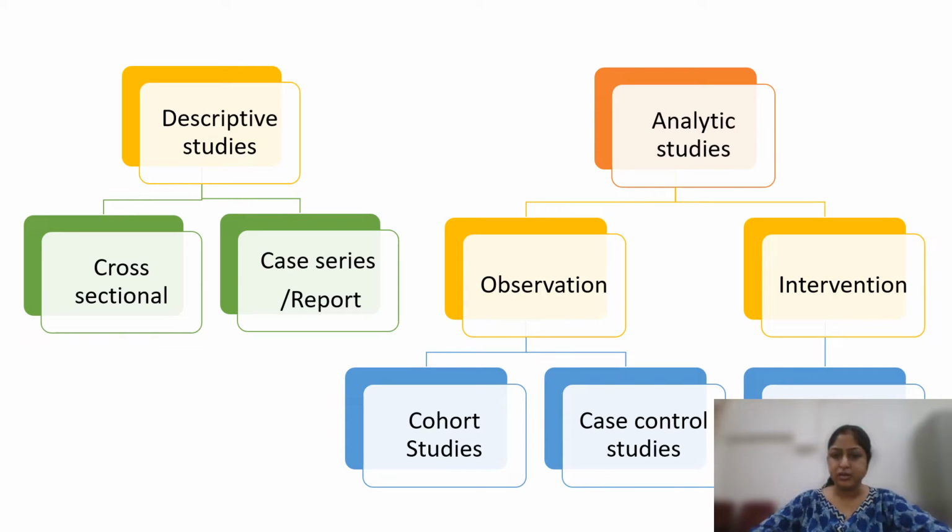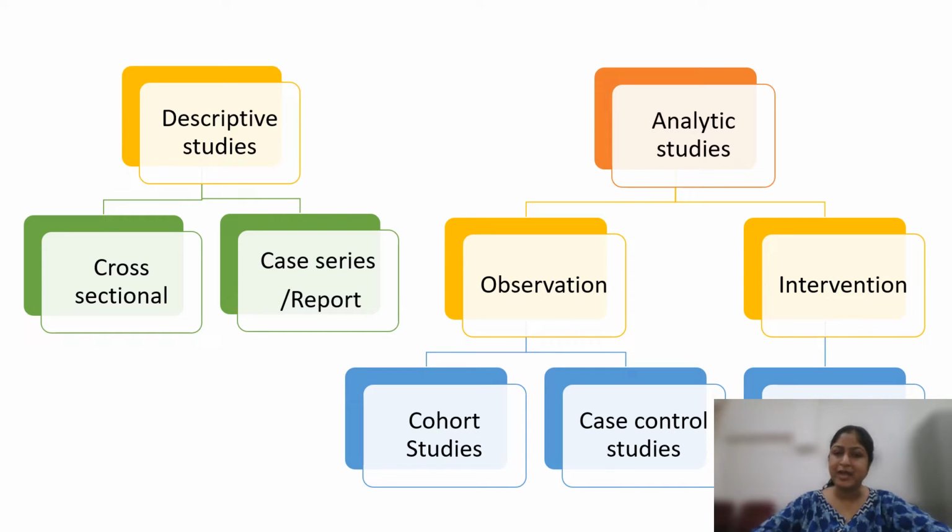Just a quick recap. Studies can either be descriptive or analytic. Descriptive studies are either cross-sectional surveys or case series and case reports. Analytic studies are further dependent on whether only observation is being carried out, and we have cohort studies and case control studies under this category.